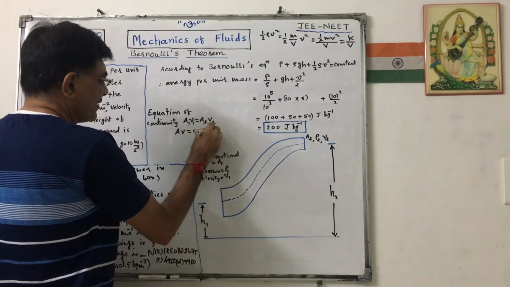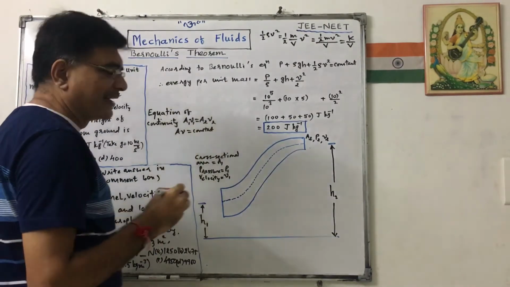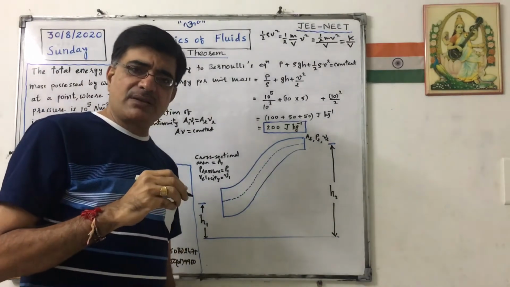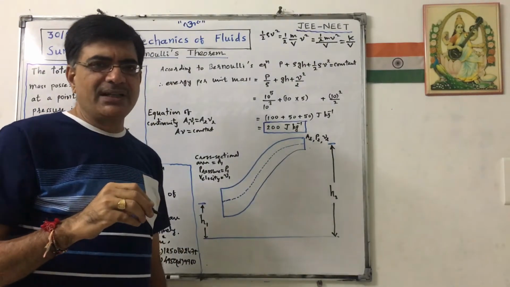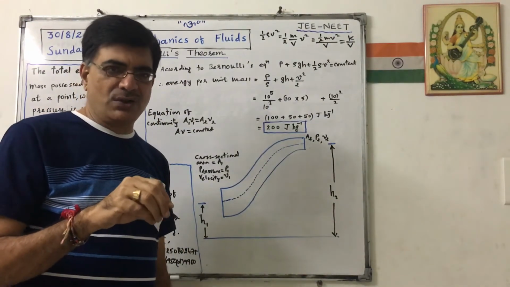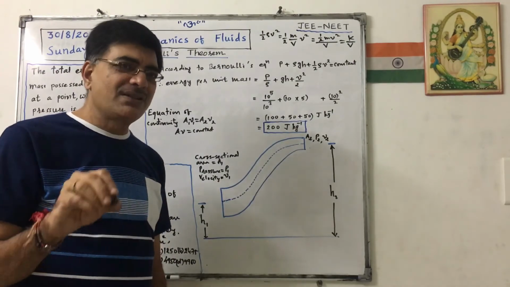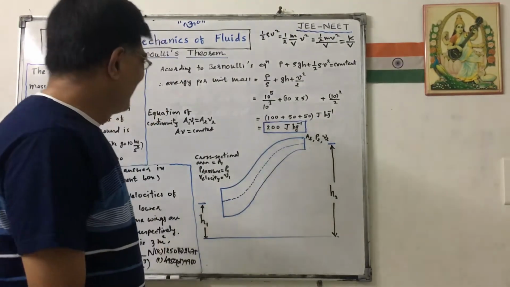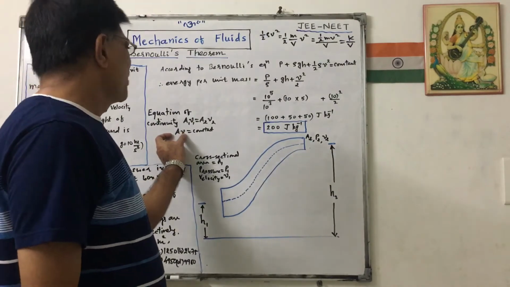Again, A is the cross-sectional area of that cross section, and V is the velocity of fluid at that cross section, normally measured at the middlemost streamline. So this is called the equation of continuity.